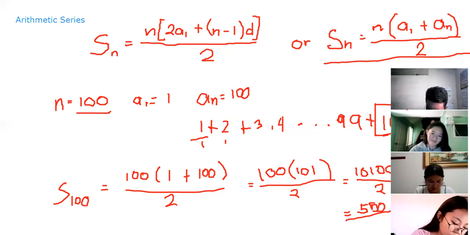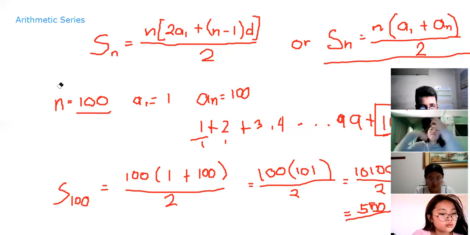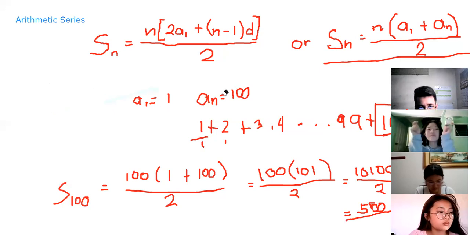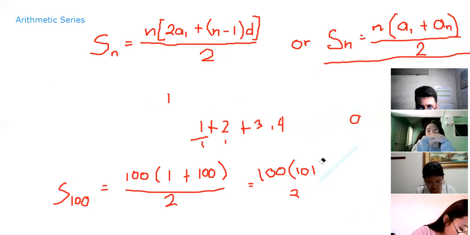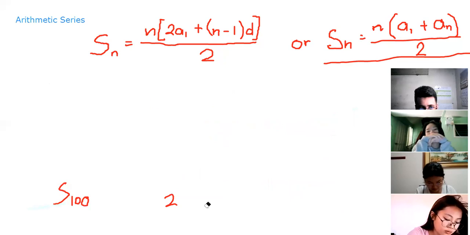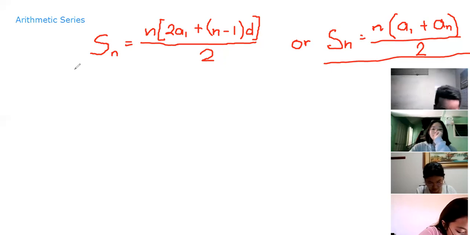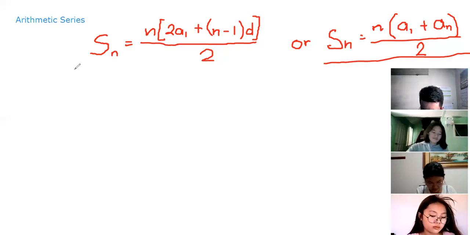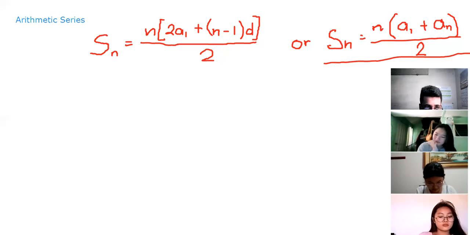So, I have here another example. May tanong dito: the first 50 positive even integers form a finite arithmetic sequence with the first term a sub 1 equal to 2 and the common difference equal to 2.